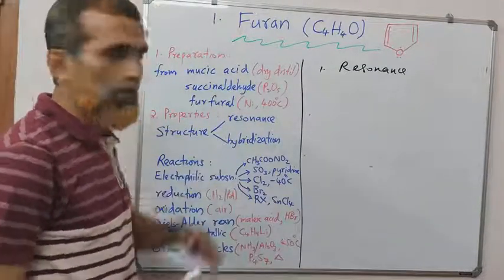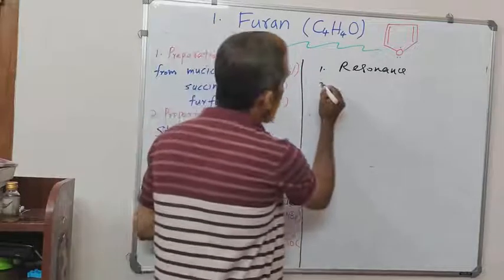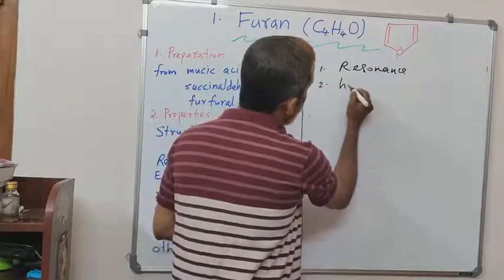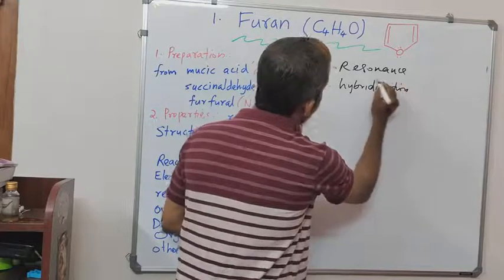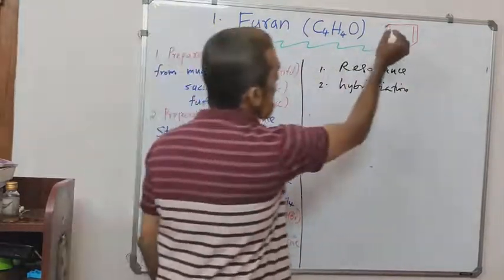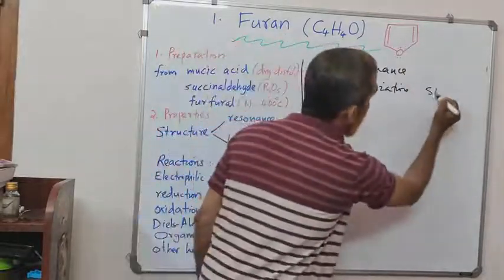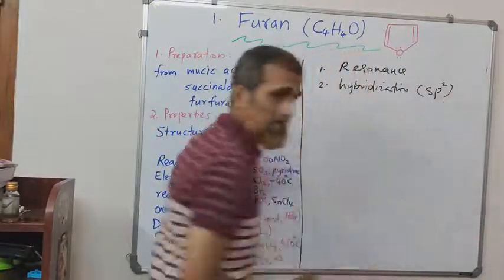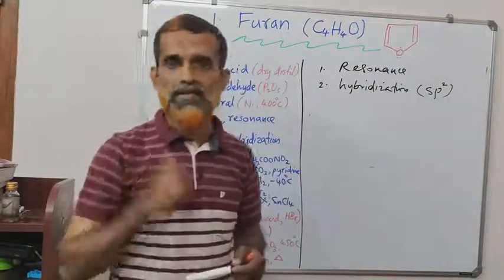Coming to the next one, hybridization. The hybridization of carbon in furan. See, furan has got 4 carbons and 1 oxygen. Remember that all atoms are having sp2 hybridization. Actually, it is a necessary and sufficient condition for aromaticity.